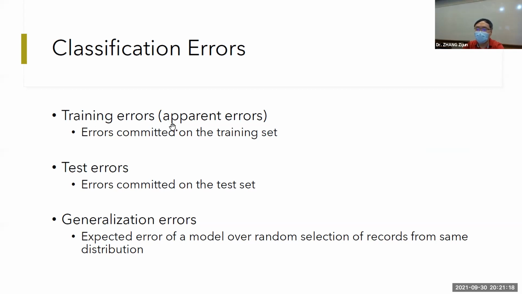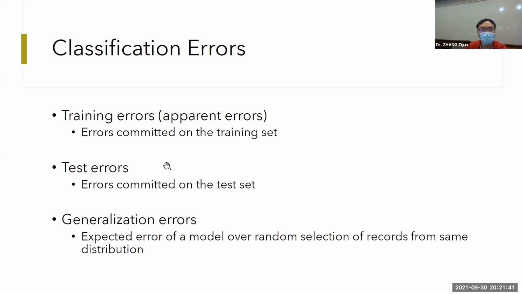Then we go to a general classification problem. We further discuss the classifiers and their performance. So when we evaluate the performance of a classifier, we typically look at the classification errors. There are three types of errors we can obtain. One is called training error.